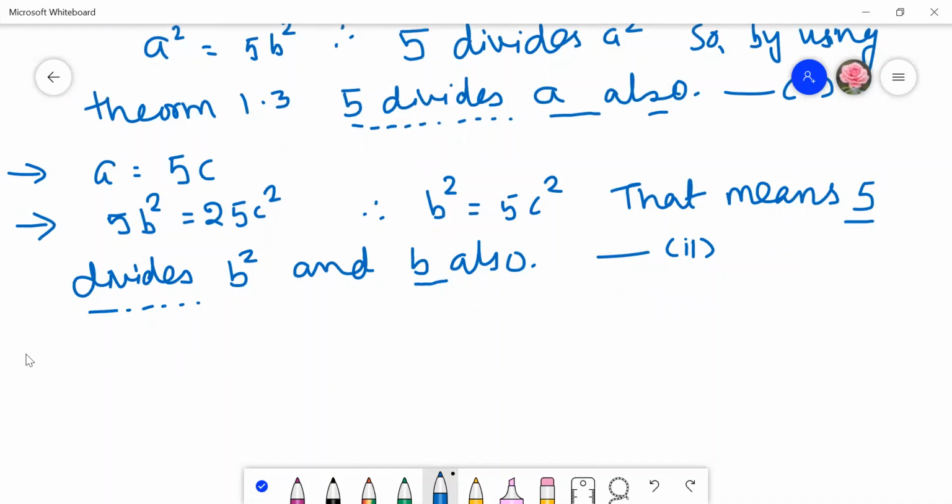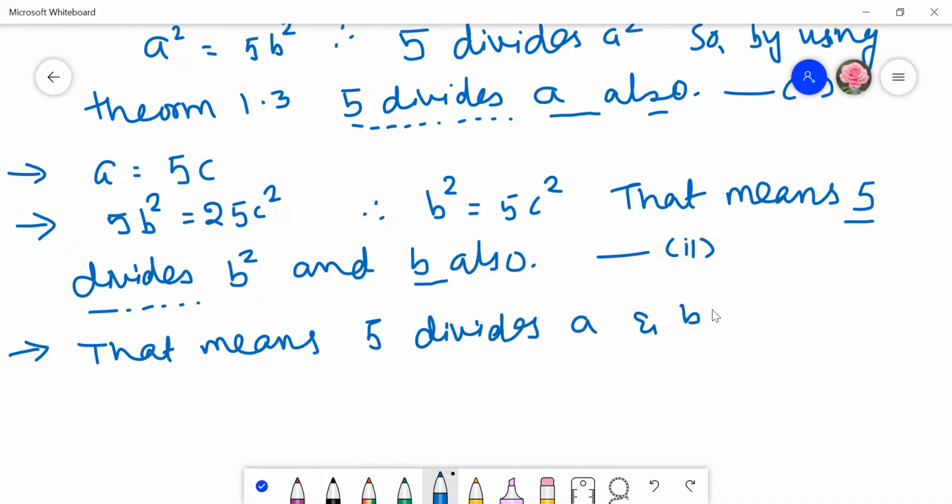So I'm writing here, that means 5 divides a and b. But a and b are co-prime numbers.